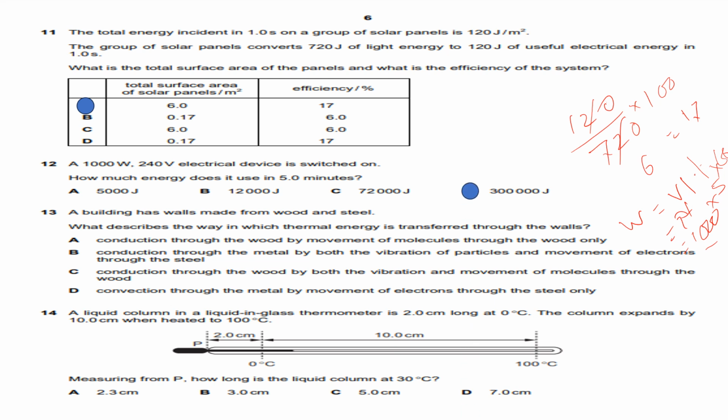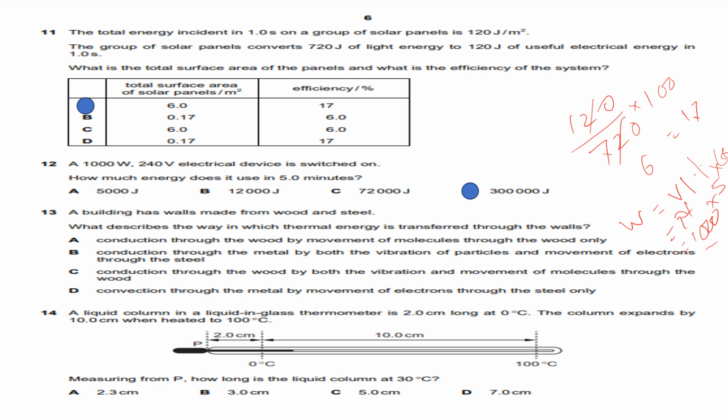A building has walls made from wood and steel. Which is the way in which thermal energy is transferred through the walls? Conduction through the wood by movement of molecules through the wood only. Conduction through the metal by both the vibration of atoms and movement of electrons through the steel.